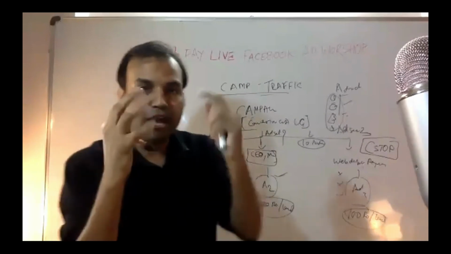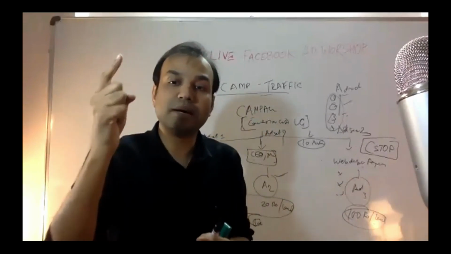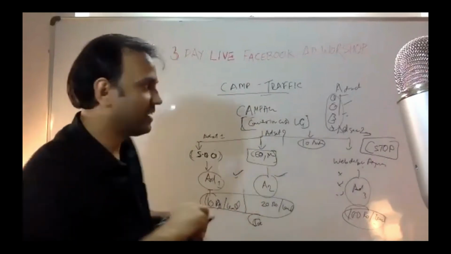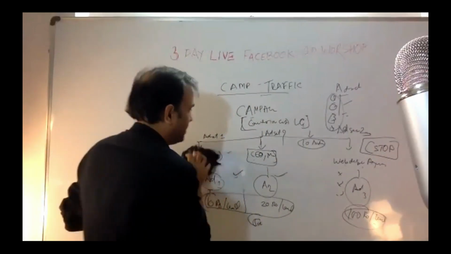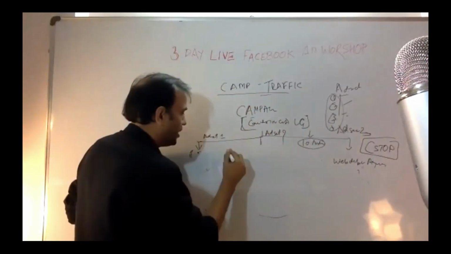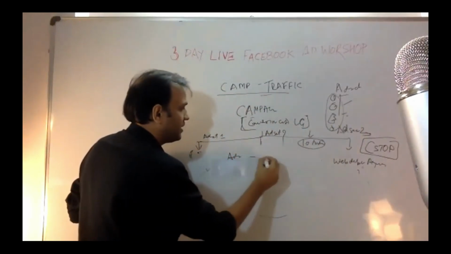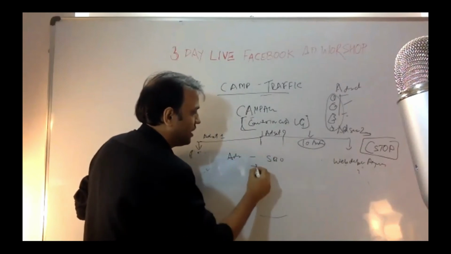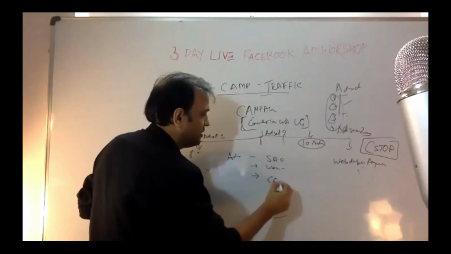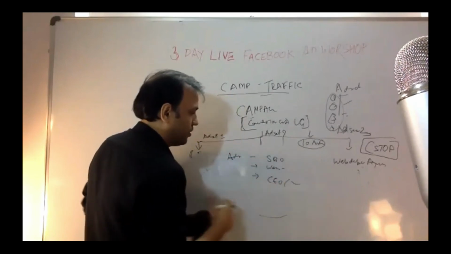Now come to what the problem was when you are initially selecting everyone. Initially, we take in one ad set SBO, web development agency, CEO, and this one also, right?